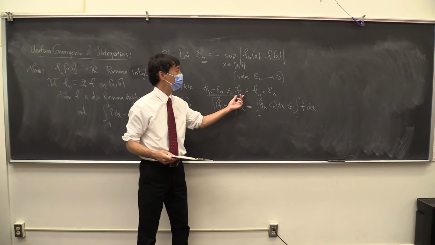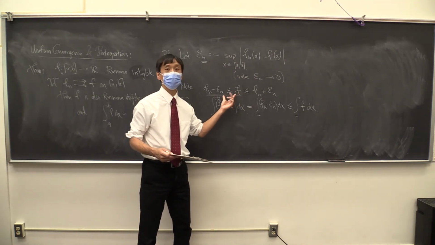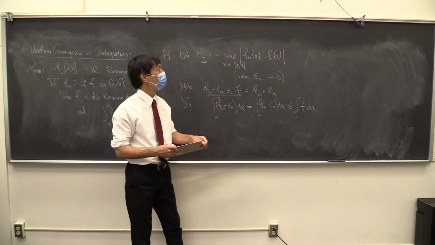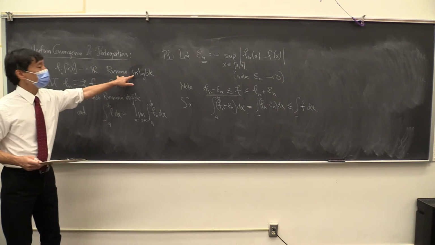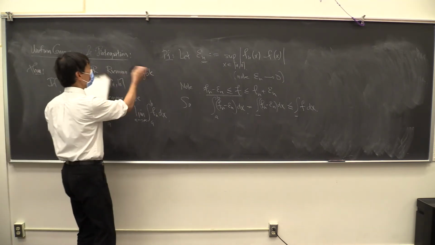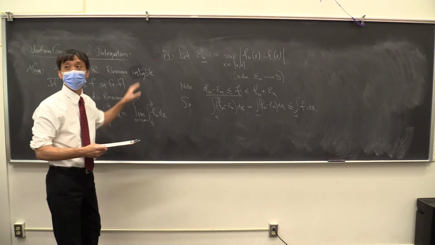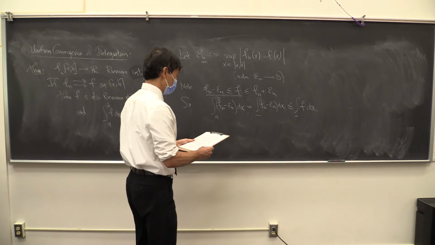We don't know that the integral of f exists, but we do know that the lower Riemann integral of f exists. These functions, being Riemann integrable, are bounded. Don't forget, we're only talking about bounded functions when we talk about Riemann integrable functions.